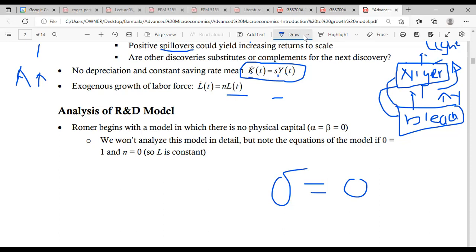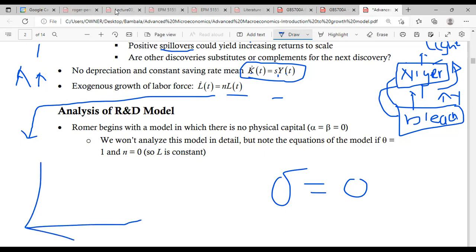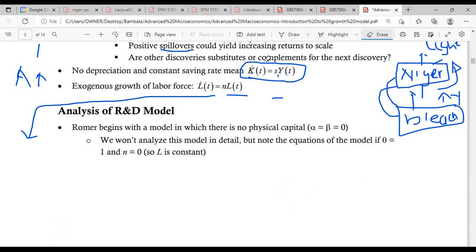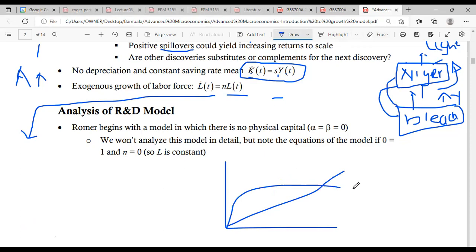All right. In the next lecture, in the Solow growth model, when we start looking at the rates of change, it's going to be very easy for us to understand this.